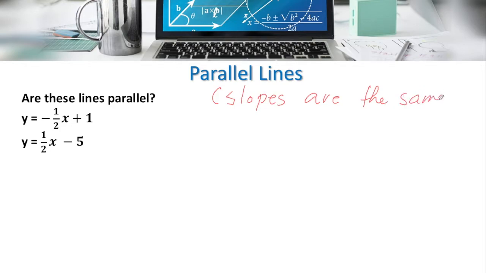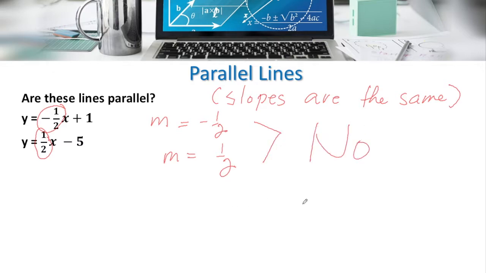Looking at the slope of the first, that is -1/2, and the slope of the second equation is 1/2. Are these two slopes the same? No. So these two equations are not parallel.